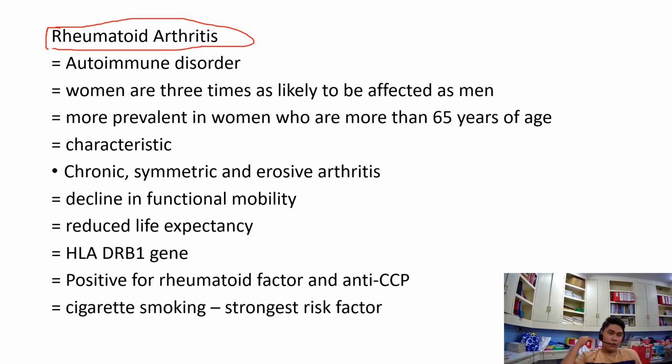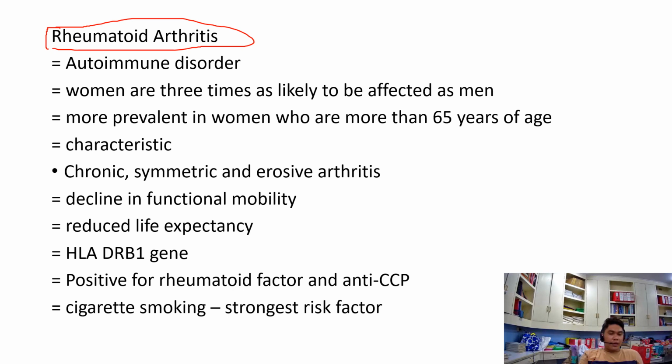It is an autoimmune disorder, meaning there is the production of autoantibodies, and women are 3 times as likely to be affected as men, and it is more prevalent in women who are more than 65 years of age. Characteristic is chronic, symmetric, and erosive arthritis.